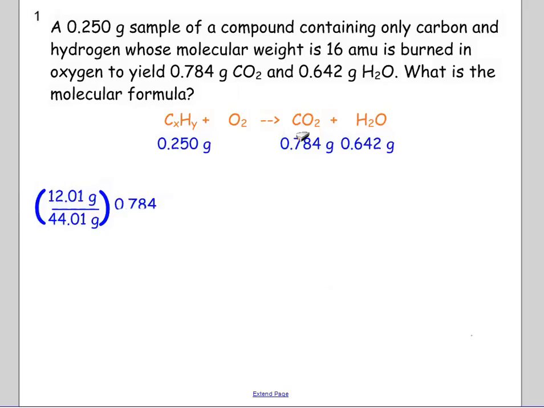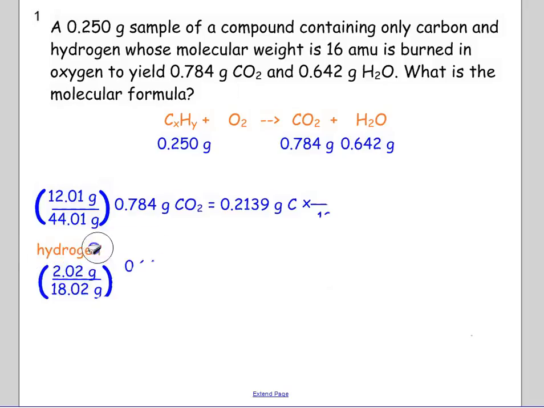There are 12.01 grams in carbon, 44.01 grams is the molar mass of carbon dioxide, and I multiply it by the mass of carbon dioxide to give me 0.2139 grams of carbon in my carbon dioxide, which must mean there's also 0.2139 grams of carbon in my original compound. I'll do the same with water.